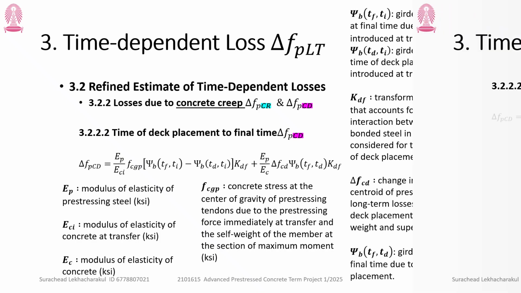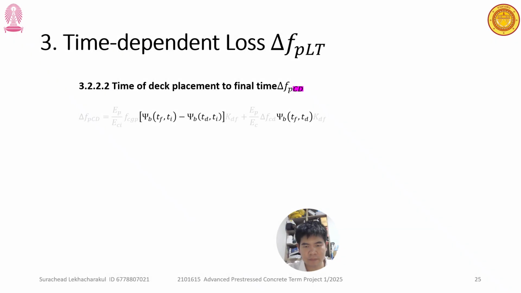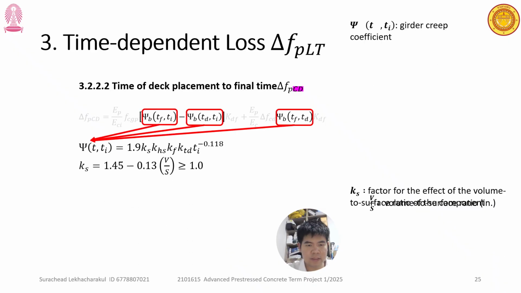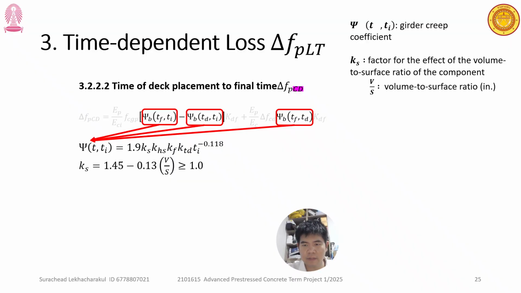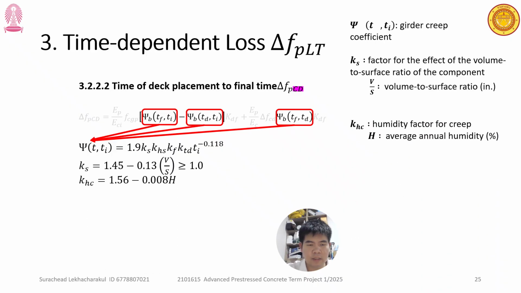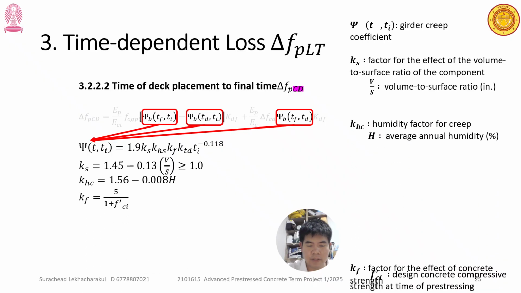Okay, you will see psi again. For these three, it depends on Ks, the factor for the effect of the volume to surface ratio. KHC is the humidity factor for creep.